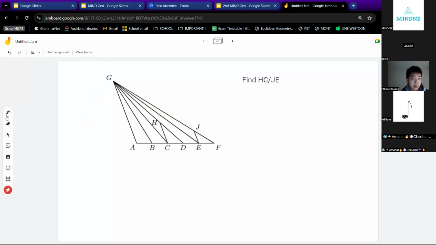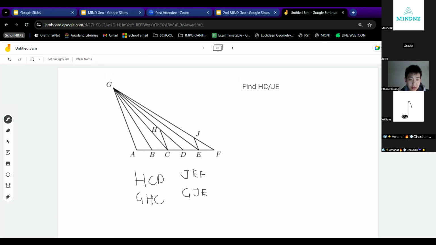So we want to find triangles that are similar to HCD or GHC or JEF or GJE. We're trying to find triangles similar to these so we can maybe get some information about their ratios, you know what I'm saying?